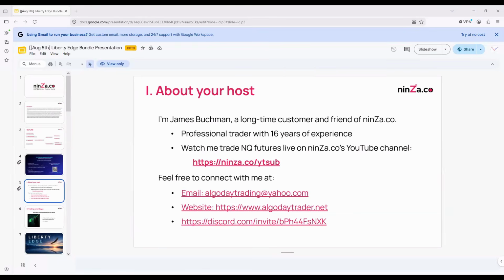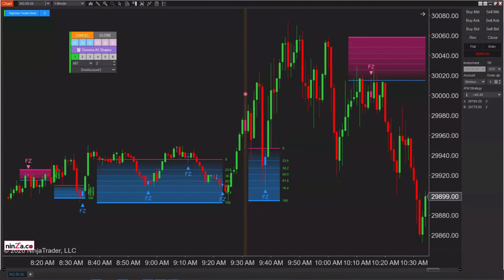The question is, is there a preferred bar type for the fractal zones? I really think it is very individual. Let me share the screen again so I can explain this. For me, I always like to see the bigger picture.